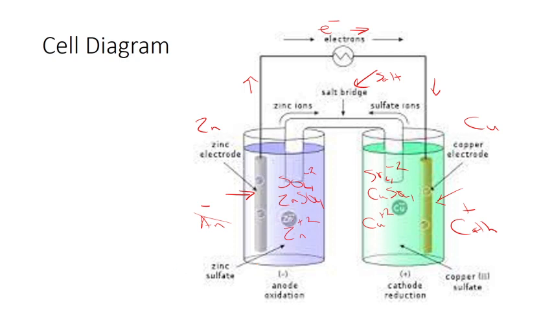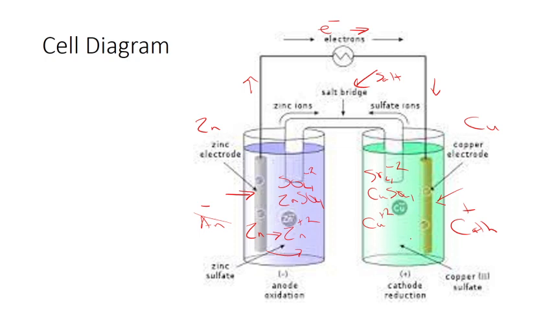And what happens is as electrons move, zinc is oxidized, which means its charge increases. So it goes from zinc to zinc plus. Those zinc ions come into solution.